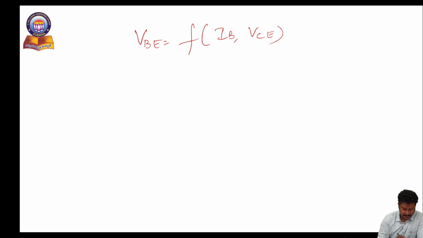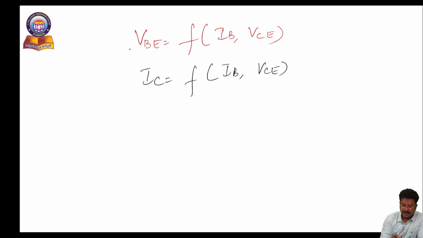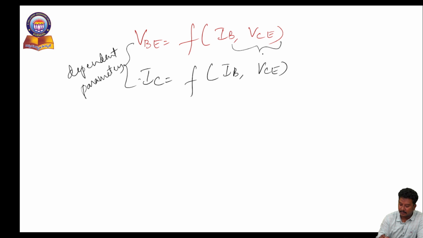From the input characteristics, we are concluding that IC is a function of IB, and where finally from the configurations we are concluding that from the input characteristics VBE and IC, these two are dependent parameters, and these two are independent parameters.